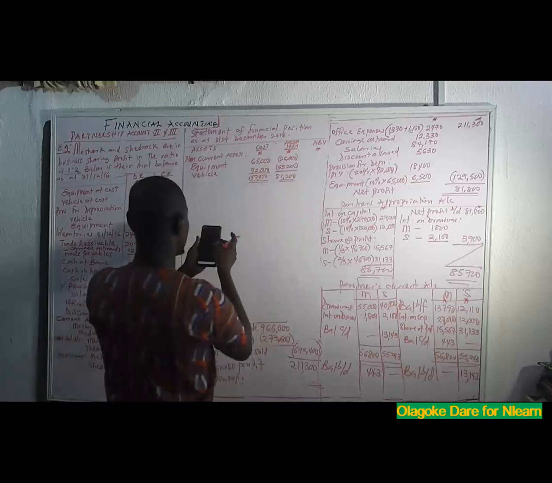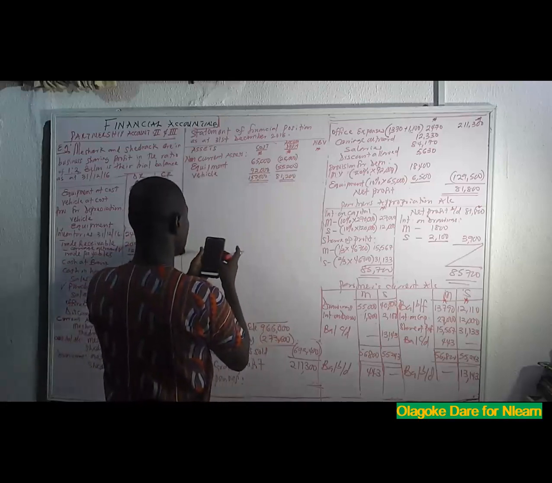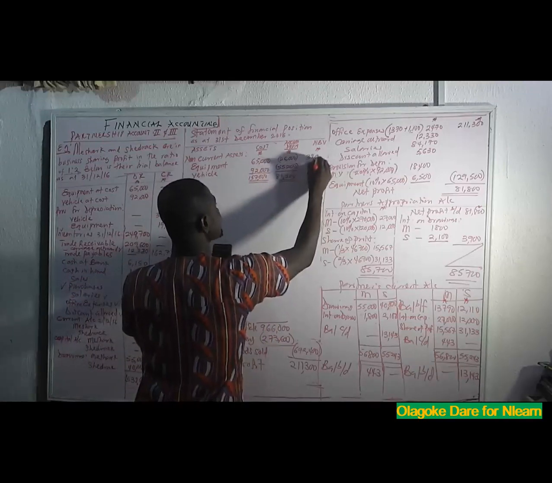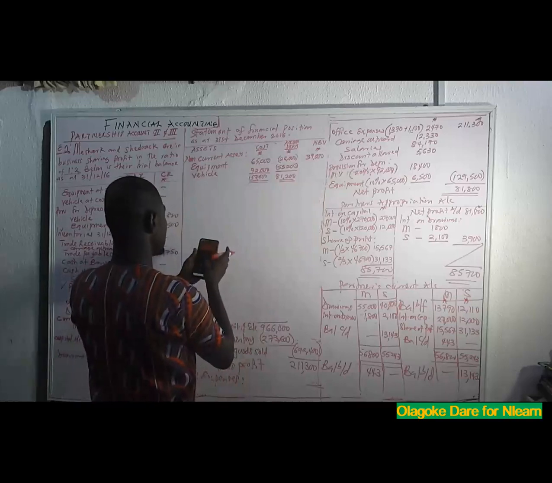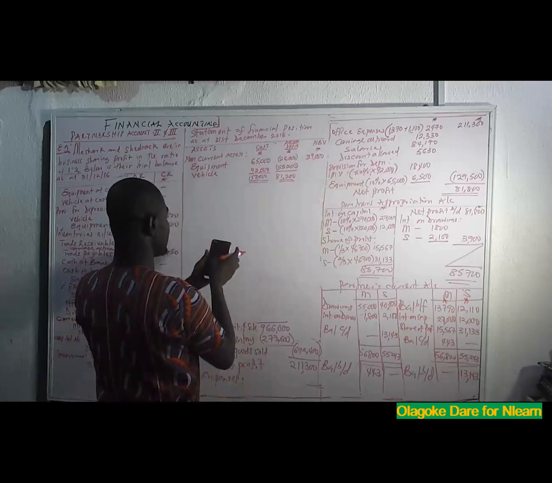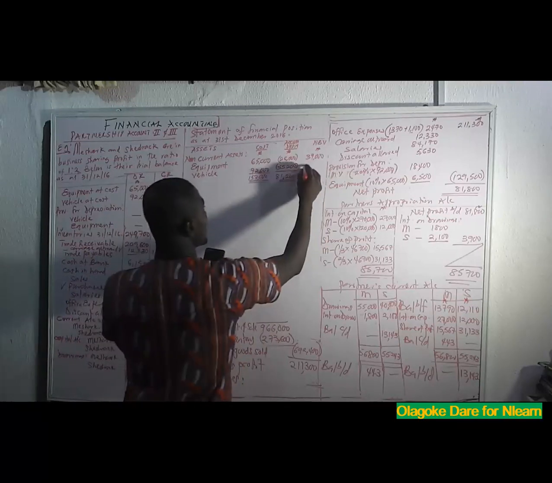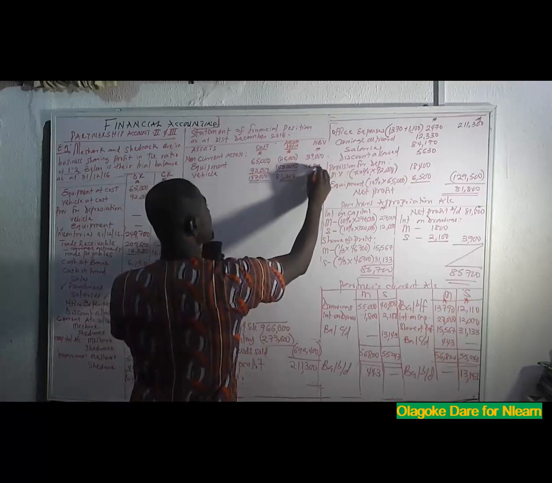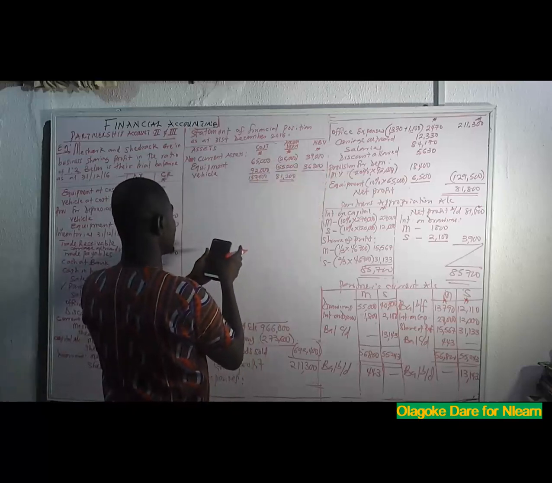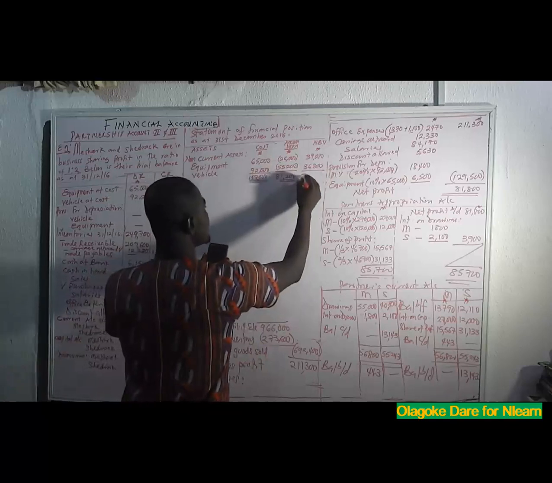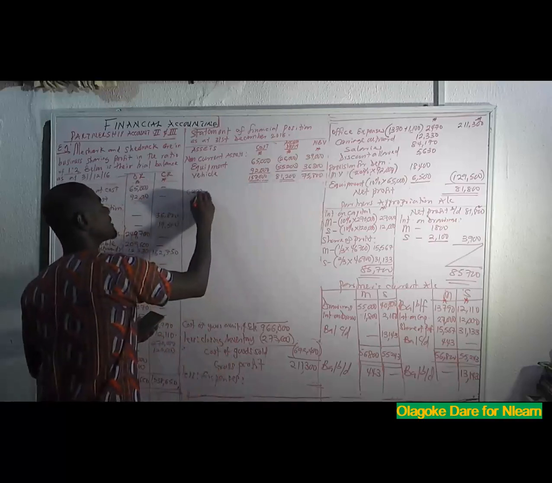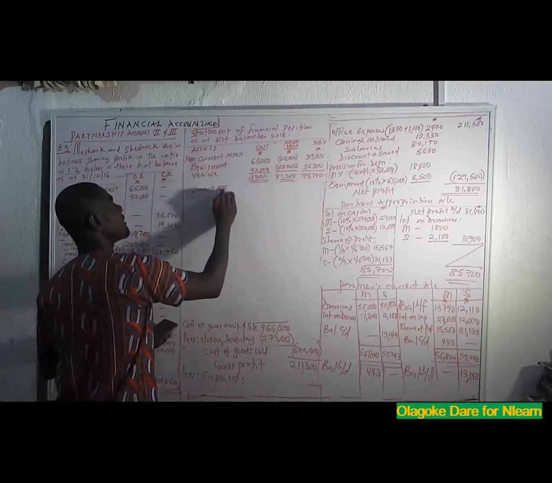We can continue. 65,000 minus 26,000, I have 39,000. Then 92,000 minus 55,200, I have 36,800. So 36,800 plus 39,000, this is the value I have, 75,800.